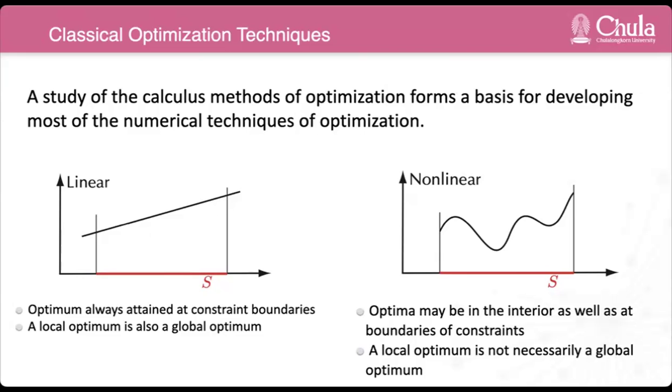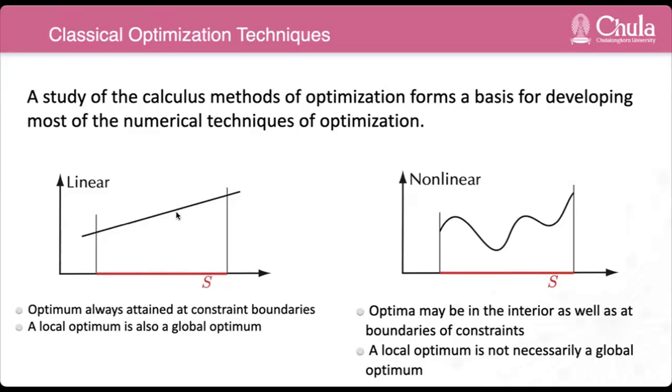So it's useless to analyze this because it's straightforward. You know the optimum is always located at the boundary. You go either way, left or right, you get the minimum or maximum.